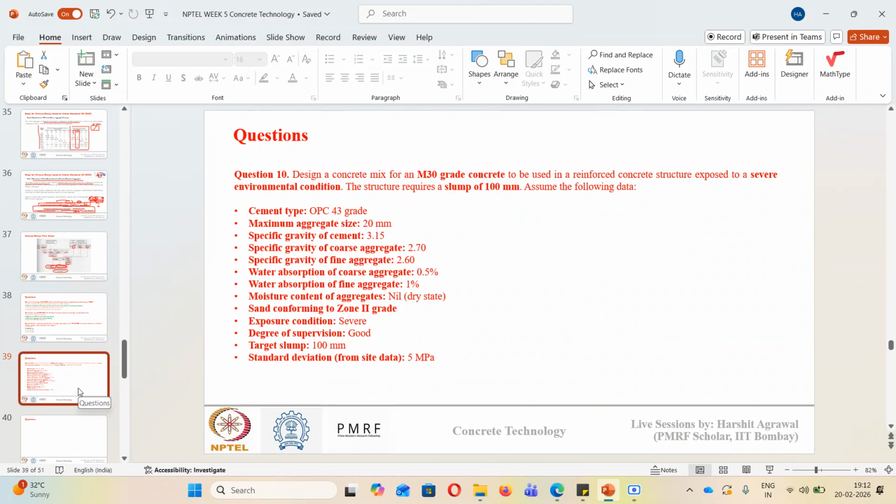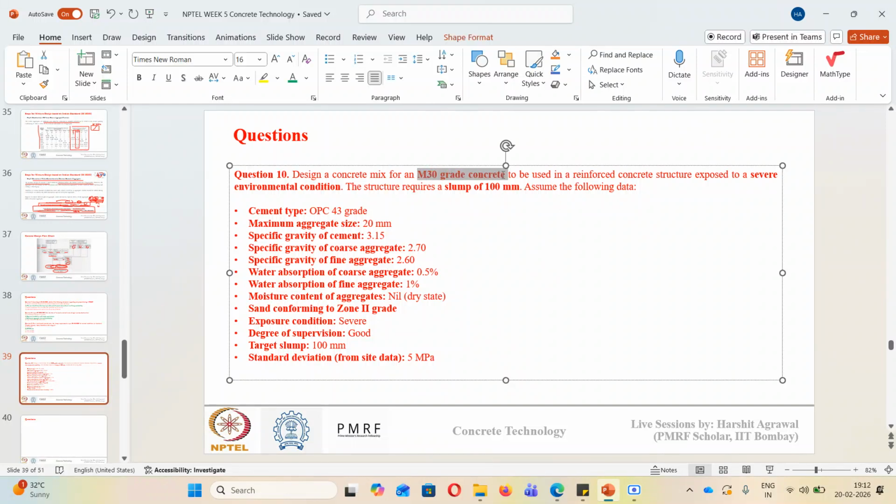Now we have a mixture design question that you can see here. We need to design a concrete mix for M30 grade concrete to be used for a reinforced concrete structure exposed to severe environmental exposure condition, and the structure requires an initial slump of 100 mm. The following data is given to us.